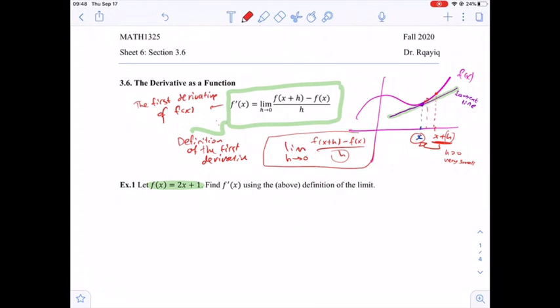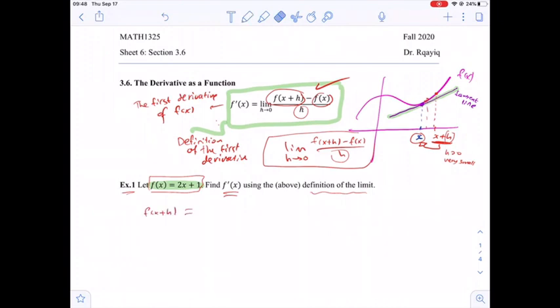Now, we have this example 1. We are given a function f of x equals 2x plus 1, and we want to find f prime of x, or the derivative of the function f, using the above limit definition. So let's apply this formula. In order to apply it, we need to find f of x plus h, then subtract f of x, the given function, then divide by h and take the limit as h goes to 0. So let's find f of x plus h.